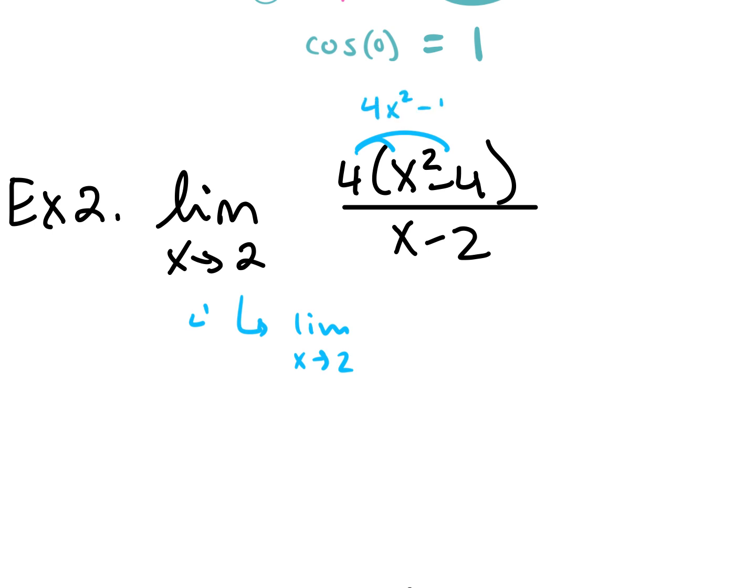So 4x squared minus 16. Our derivative of our numerator would be what? 8x. And what's the derivative of the denominator? 1. So when we plug in 2, what do we get? 16. Awesome. So that would be our limit.